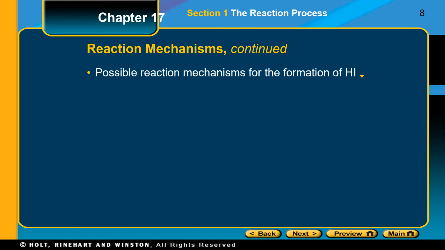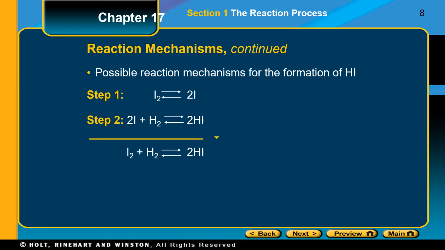So let's look at the formation of hydrogen iodide like we had at the beginning. Let's go back to that again and look at one of the ways that we talked about. One of the ways we said is that the iodine molecule here in step one is breaking apart to form two iodine atoms, not ions, but atoms.